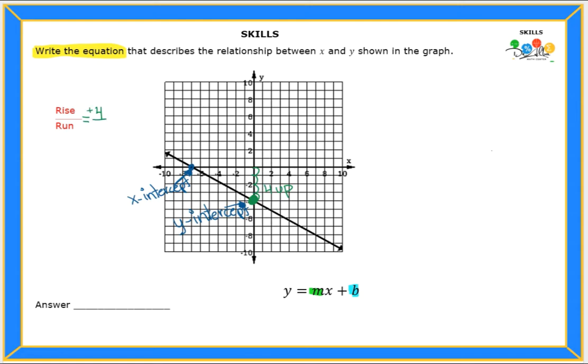Now, what about across? How many am I going to go across? That's 1, 2, 3, 4, 5, 6, and 7 to the left. If you go to the left, that means -7. So if I want to rewrite my rise over run, I can rewrite it as -4/7.